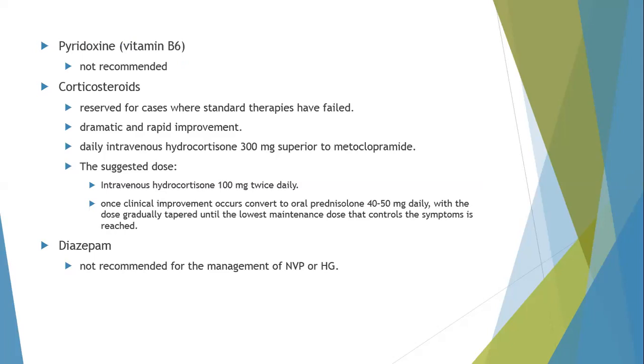This dose was from a study, where they used daily 300 milligrams hydrocortisone and it was superior to metoclopramide. The guidelines suggest the dose that we use is intravenous 100 milligram twice daily, so we use only 200, not the 300.